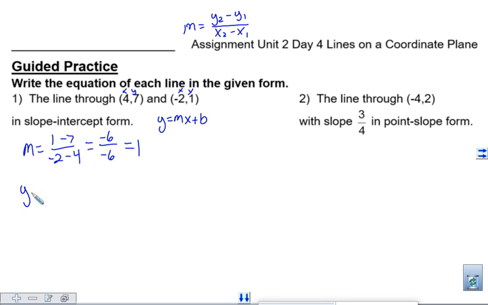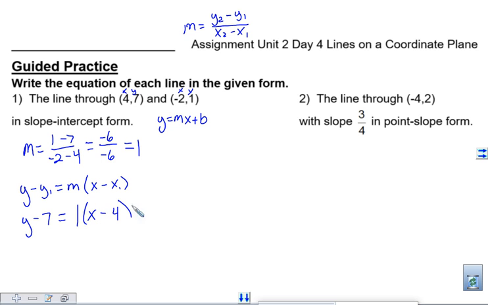So remember that point-slope form is y minus y1 equals m(x minus x1). So bring down that y and the negative, and the y was 7, equals our slope of 1, (x minus our x value, which is 4).